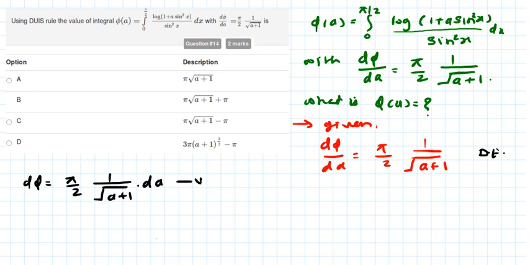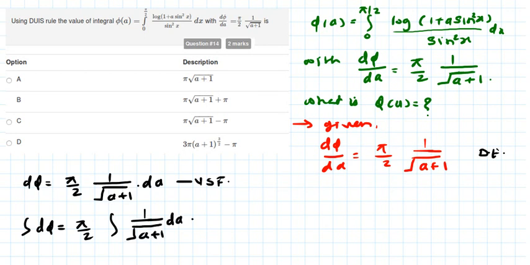So this is in variable separable form. Once this is in variable separable form, you can get its solution just by integrating on both sides. So taking integration on both sides, this will be integration d phi equal to pi by 2, which is constant, integration 1 upon under root a plus 1 dA plus some constant k.